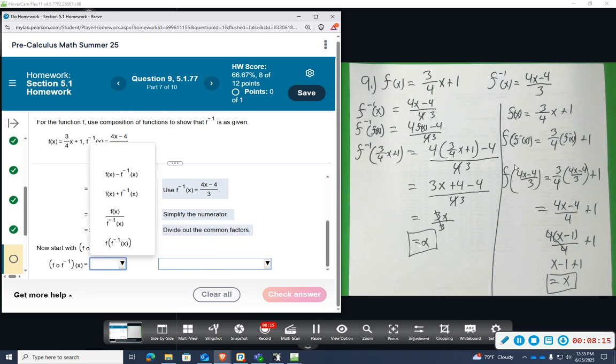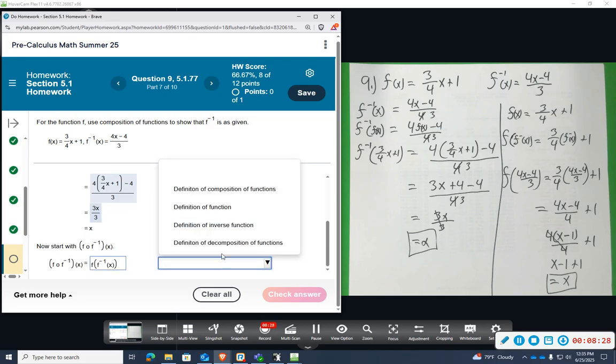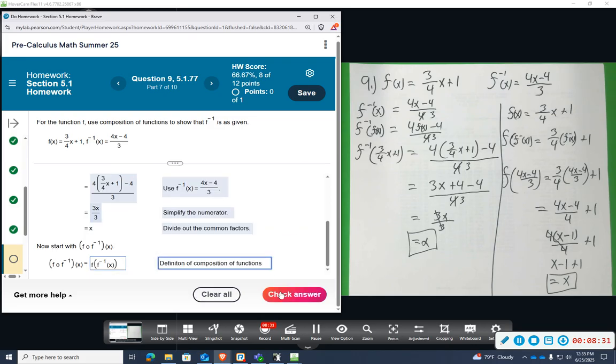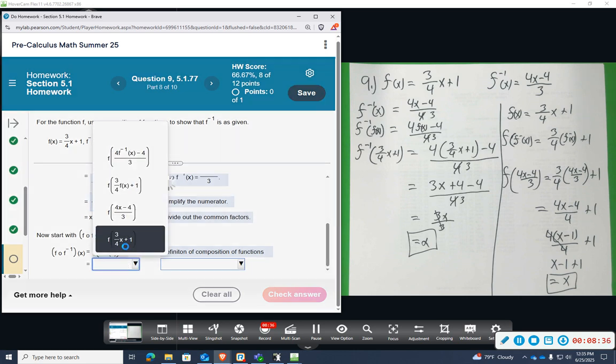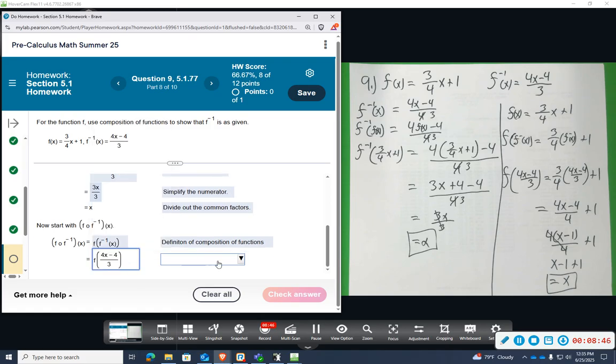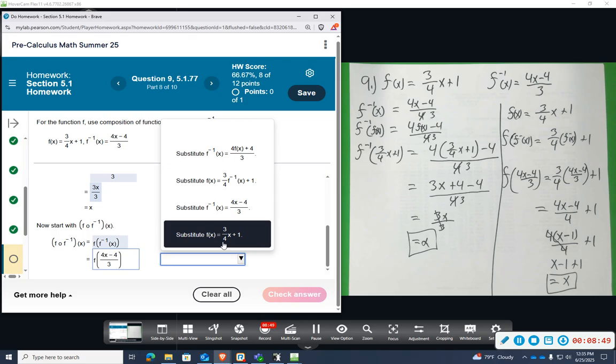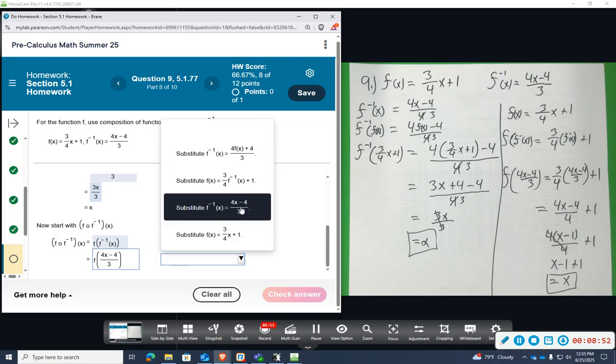We're going to do the other side now. So we're going to start with f inverse. Sorry, f, and we're going to plug in f inverse. And again, composition of functions. We plugged in f inverse, which was 4x minus 4 over 3. And that is substituting f inverse with the 4x minus 4 over 3.